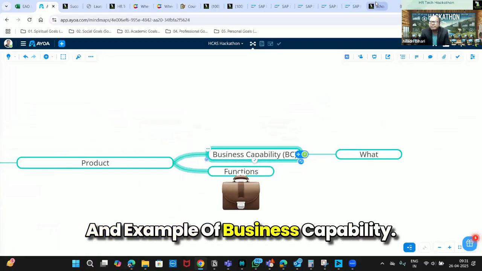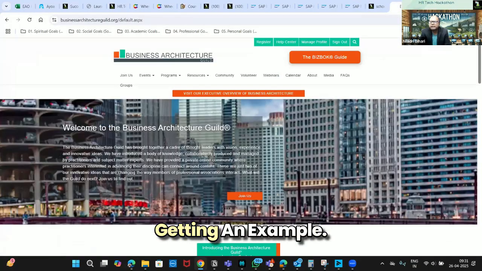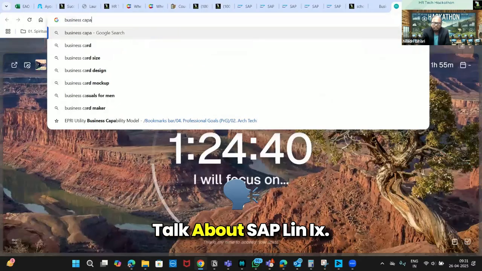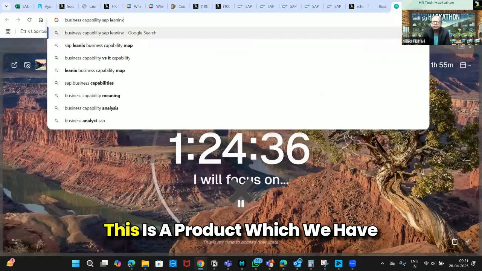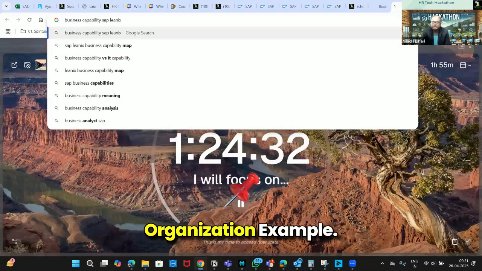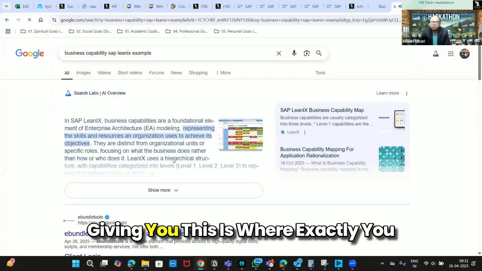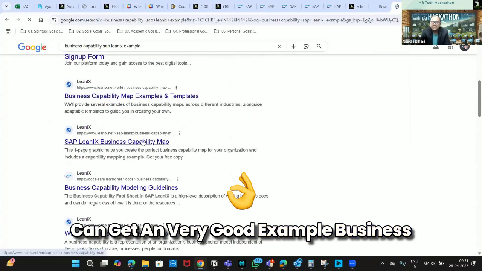As an example of business capability, I will go to SAP, a product which is generally used by all the leading organizations. This is where you can get a very good example, a business capability map.